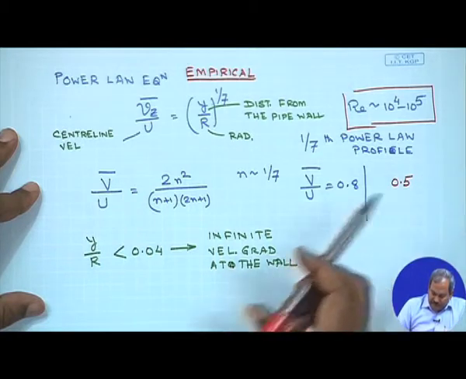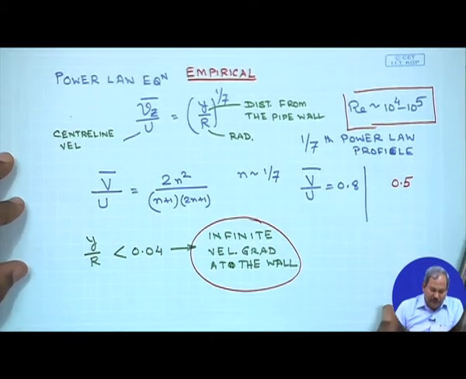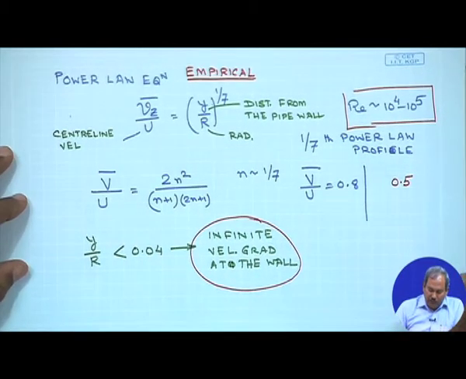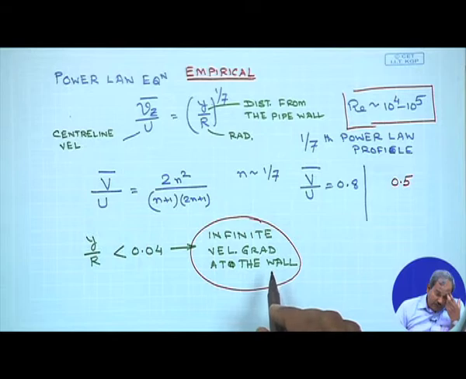Which is not possible. You cannot have an infinite velocity gradient at the wall. So, the region of applicability of this 1/7 power law equation is definitely not near the wall.